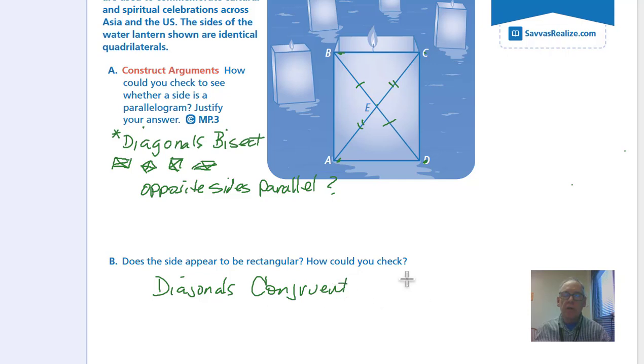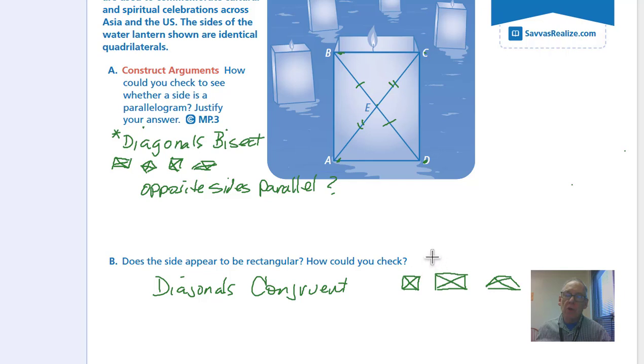Because if the diagonals are congruent, then you've either got a square, which is a type of rectangle, or you have a rectangle. The only other shape that would have congruent diagonals would be an isosceles trapezoid.